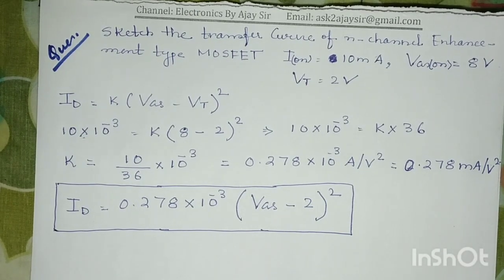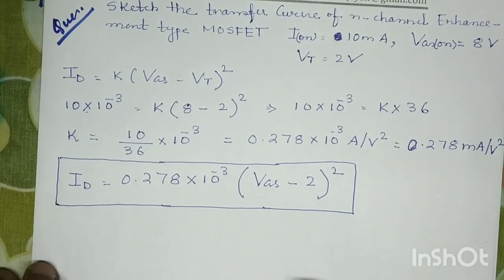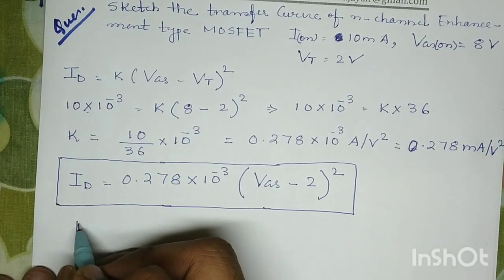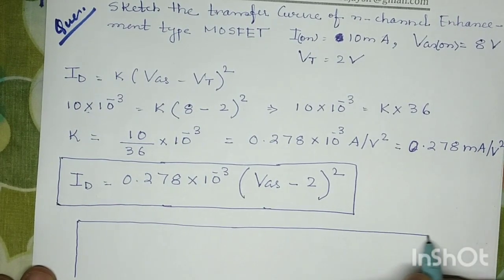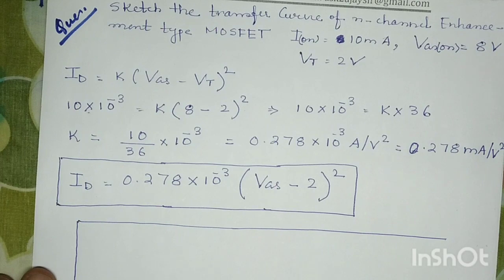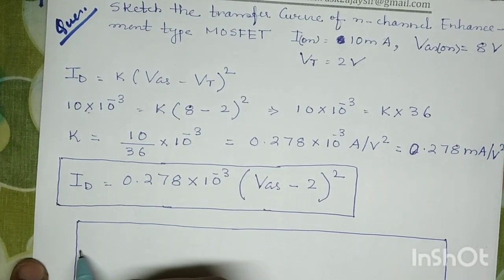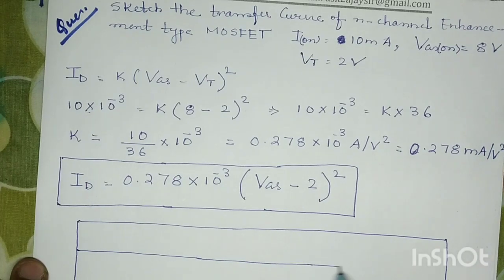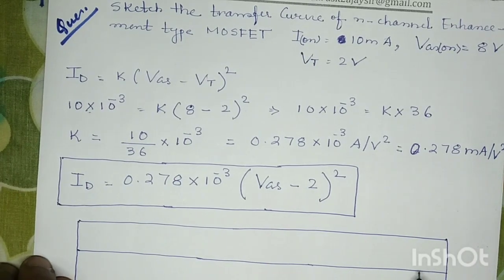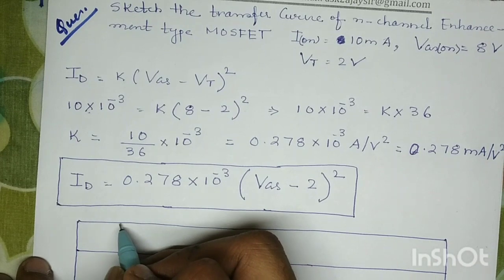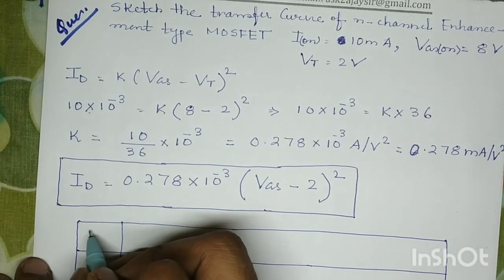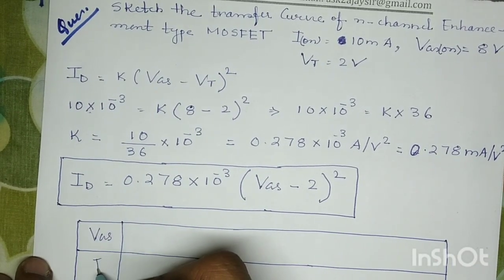Now we will take some coordinates. Here it is VGS, here it is ID.